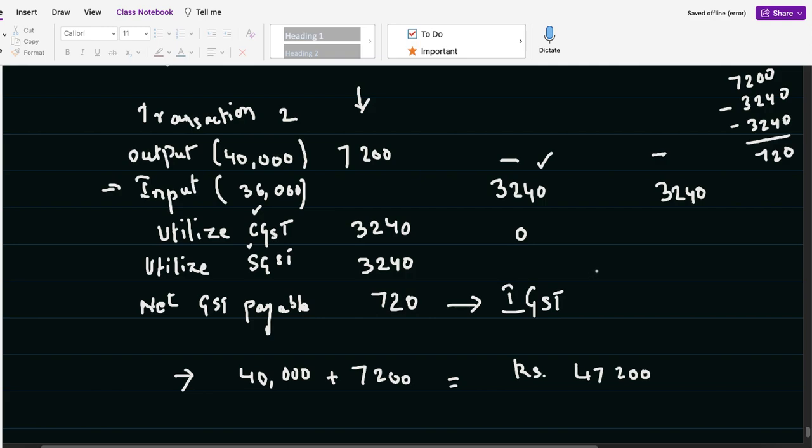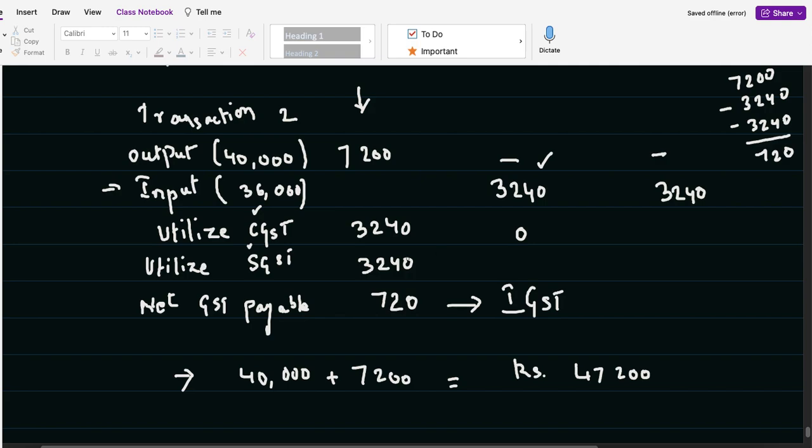Got it? So just remember this point: when a dealer has intrastate ITC, that is CGST plus SGST in the form of ITC for intrastate, but needs to pay interstate. In this case, he has CGST and SGST, but he has to pay IGST. So what will he do? First, the CGST credit goes against IGST, then the SGST credit goes against the remaining IGST.